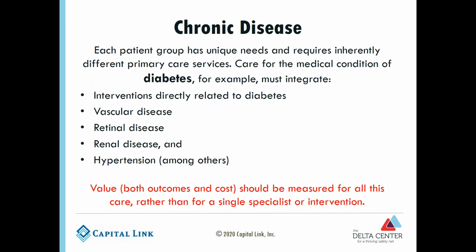So we need to be looking at all these different issues, especially for something as complicated as diabetes. And in future sessions, we'll be talking about behavioral health and HIV, using these examples, which are also extremely complicated. And we'll be talking through how that works on a cost basis, and how we go about getting those costs. Okay, Chloe, you can move on to the next slide.